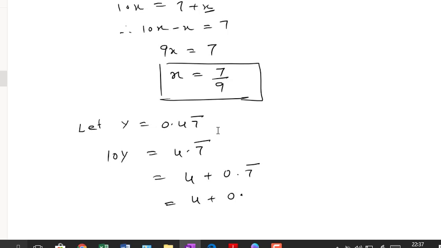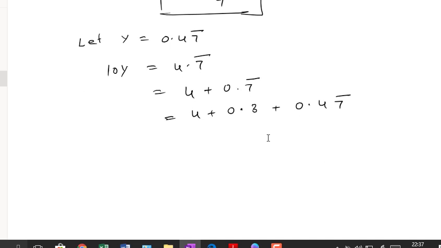I want it in terms of 4. So I will write this as 0.3 plus 0.47 bar. Okay, like this we can write. So it becomes 10y is equal to 4.3 plus 0.47 bar, which is again your y.